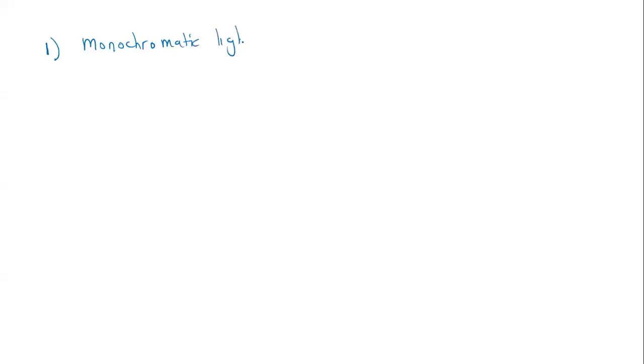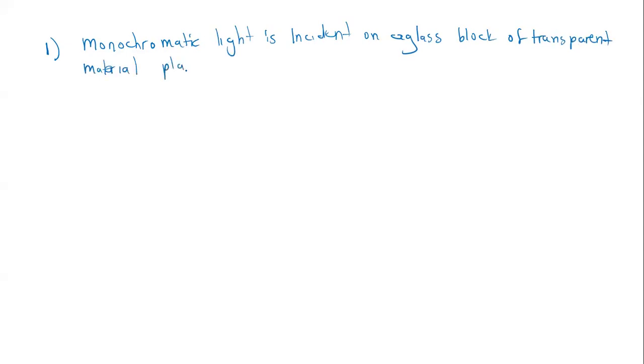Monochromatic light is incident on a glass block of transparent material placed in vacuum. The light is refracted through an angle theta.